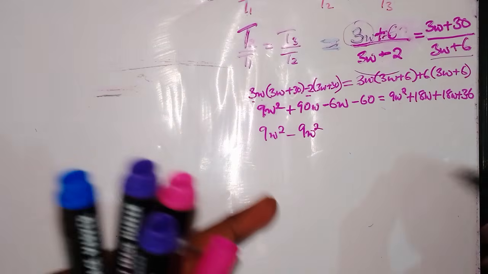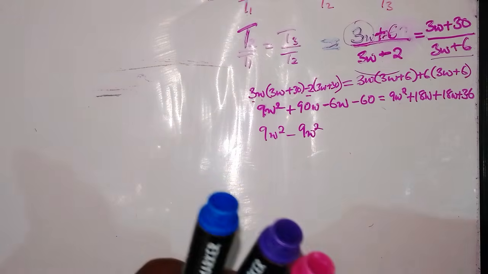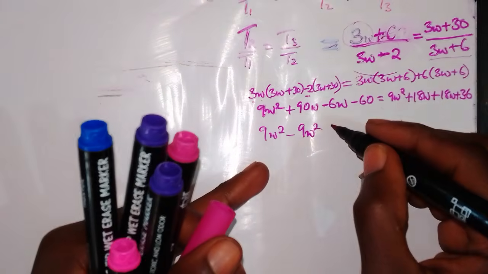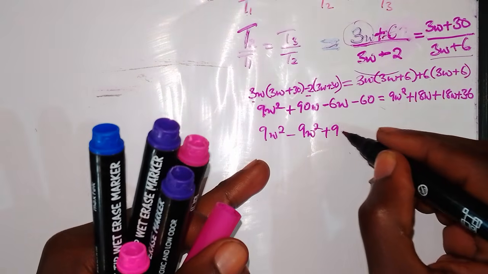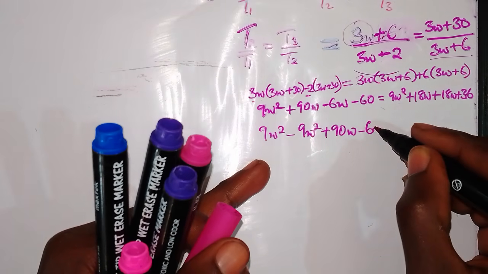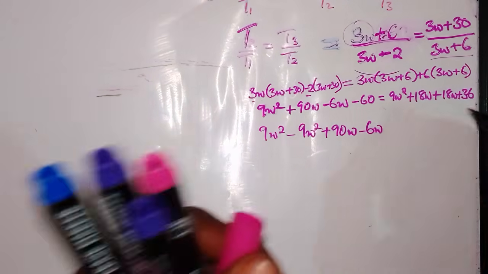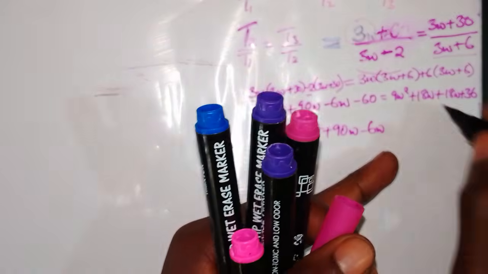Then you move on now to numbers which only have W. So we have plus 90W minus 6W. Then you come to the other side. What do we have? We have 18W.